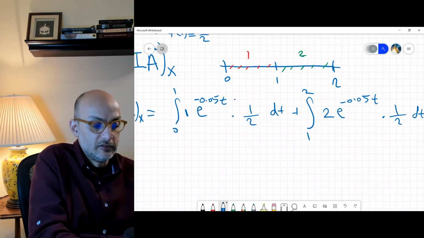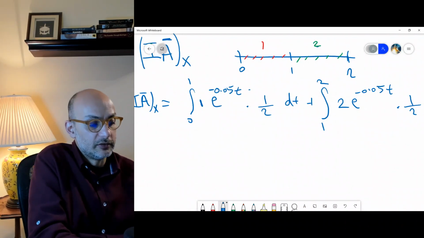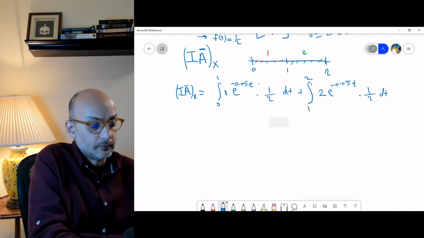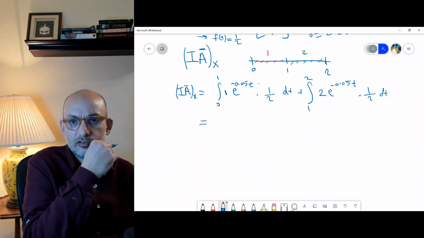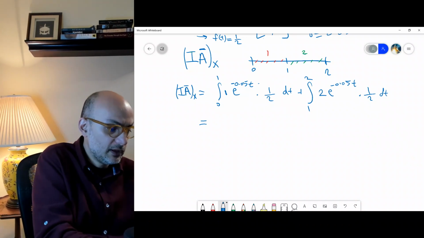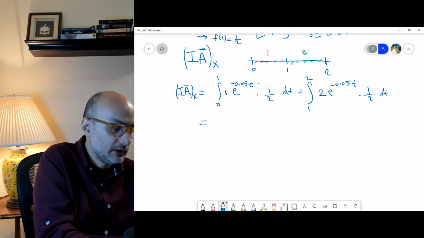Now this is easy, right? This is very easy once you know this. And you see that we have 1, 2 because the benefit is not continuous. So now let's compute this. We take the antiderivative, which is 1 over 0.05 times e^(-0.05t).